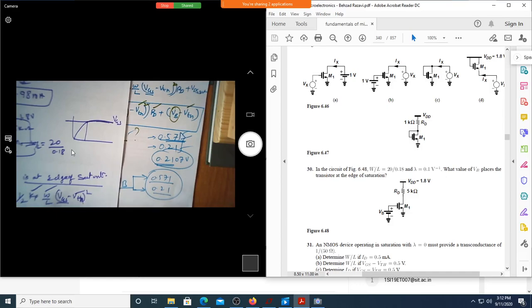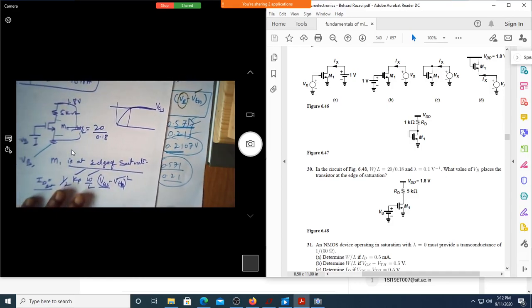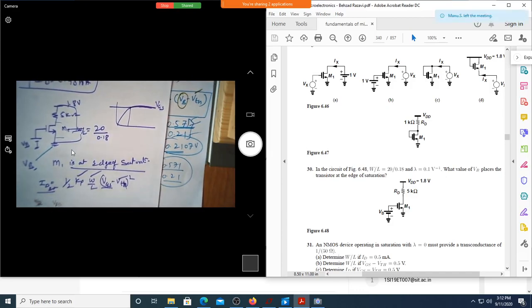Why not 0.21? Why should I not go with 0.21, Harini? Sir, then it will be in linear, or cutoff region. If VB is 0.2, how much is VTH? 0.4. Then how much is VG?